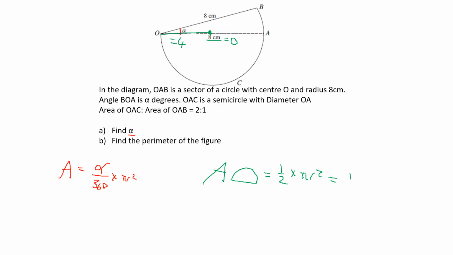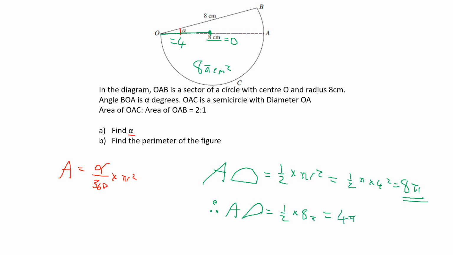So therefore, it's going to be half pi times 4 squared, which is just equal to 8 pi. I'm going to leave it as 8 pi for now. Therefore, if this is 8 pi centimeters squared, then the area of the sector is going to be half of 8 pi, which is just going to be 4 pi, isn't it?